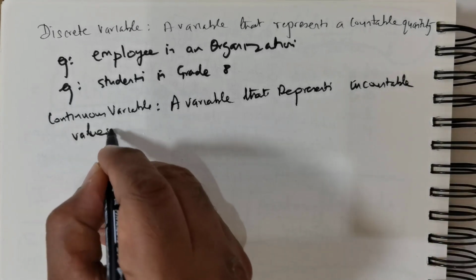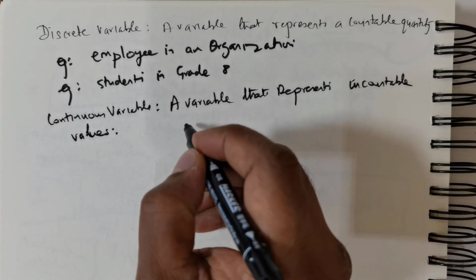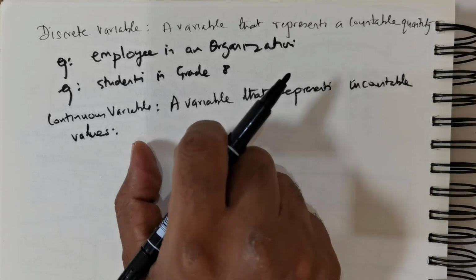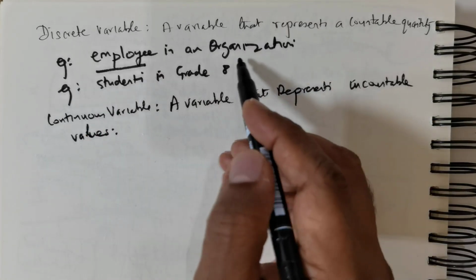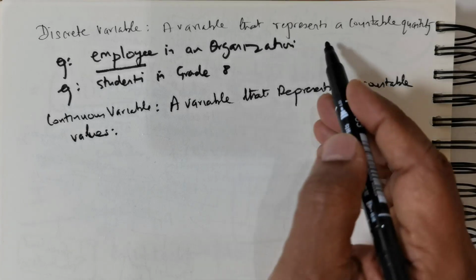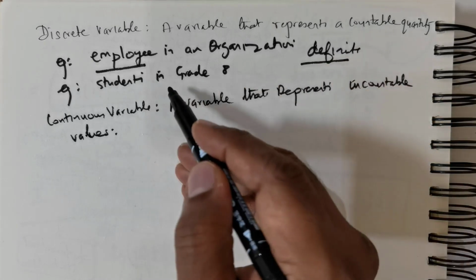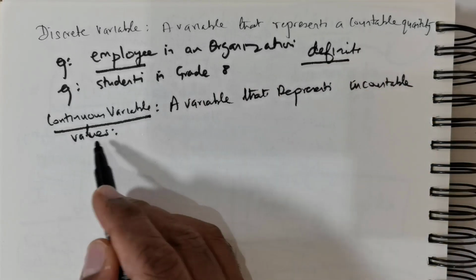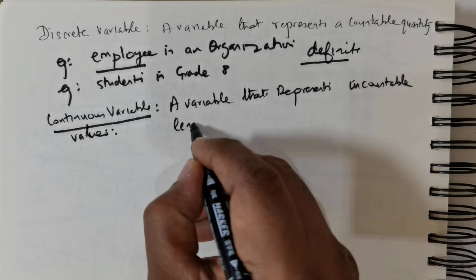The meaning is you wouldn't be able to clearly pinpoint the quantity in an absolute fashion. For example, if I were to ask you, can you tell me the number of employees in an organization? Clearly you will give a definite answer. But that is not going to be possible in case of a continuous variable. Example, length of a river.